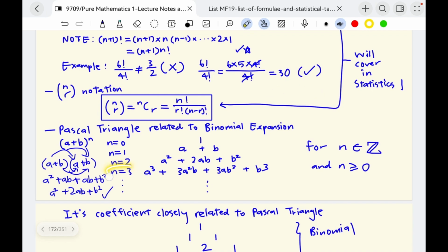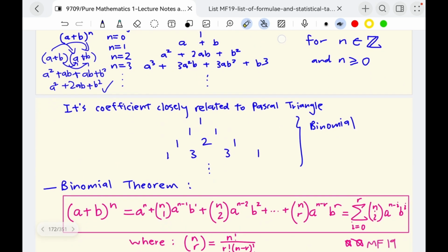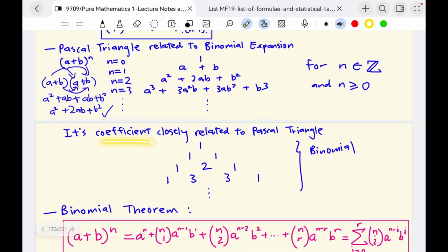So for n equals 3, it is a cubed, b cubed, but we have 3 selections of a squared b and a b squared. Which means that each coefficient is closely related to the Pascal triangle, which is 1; 1, 1; 1, 2, 1; 1, 3, 3, 1; 1, 4, 6, 4, 1.